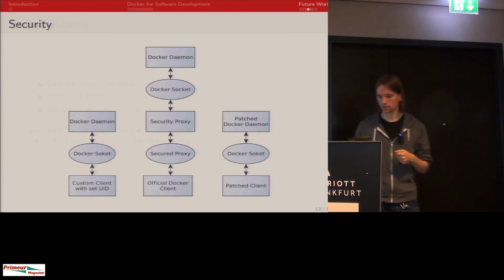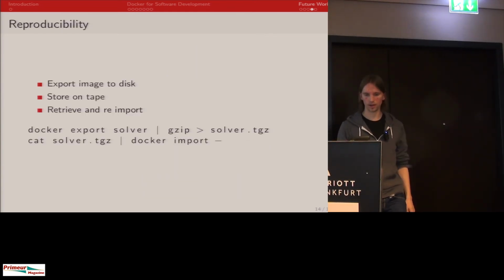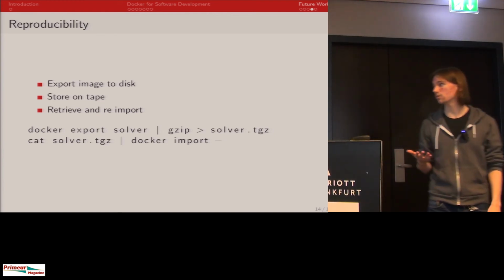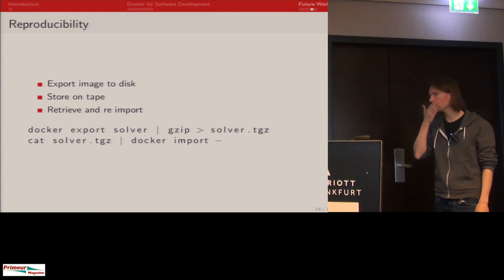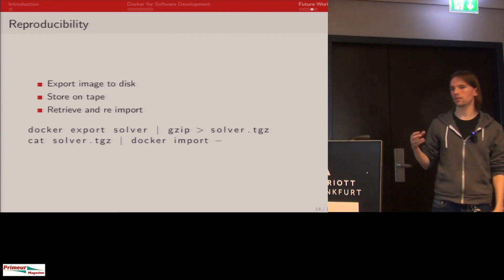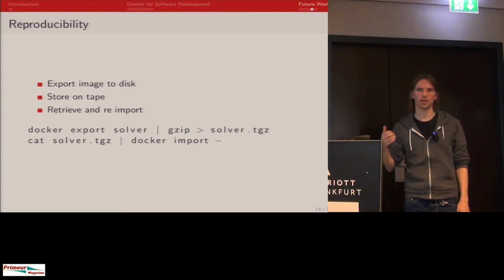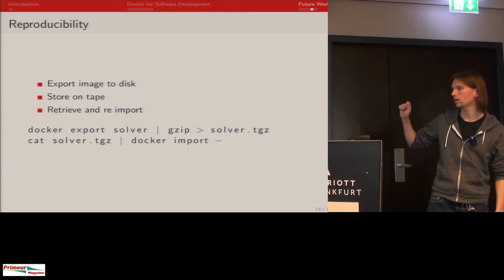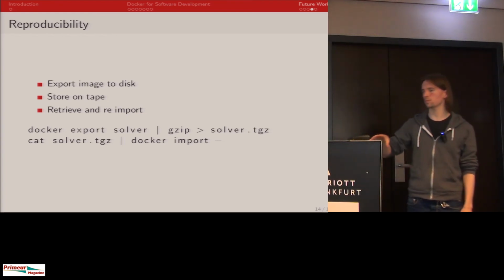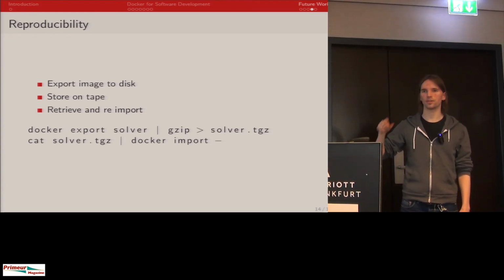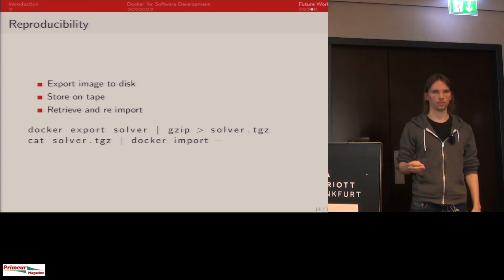Then another point I think about is reproducibility. Docker is really nice on this point, because you can export the image to disk with just a simple command line. You just say docker export on the running container. I can gzip it, and it's on your disk, and you can re-import it and rerun it.